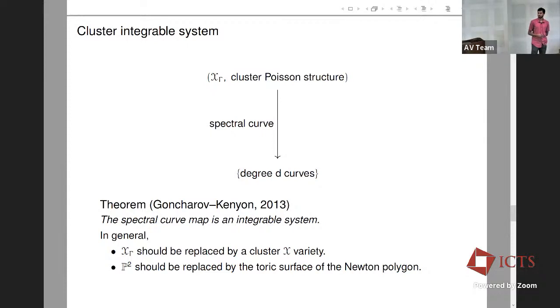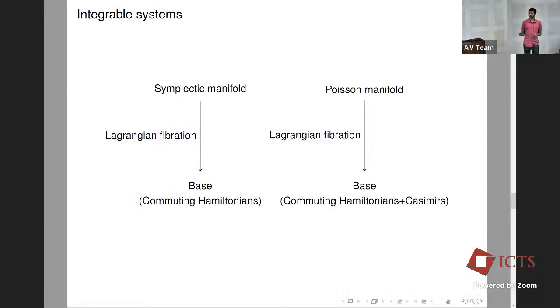So I think the way to think of it is it's a system with lots of invariants. What you usually do in classical mechanics is you have some function called the Hamiltonian, and then you try to figure out how the system is evolving: the partial derivative of any function with respect to time is given by the Poisson bracket with the Hamiltonian. So if you have something that commutes with the Hamiltonian, so that the Poisson bracket of h with that function is 0, then that function is going to be invariant under the dynamics.